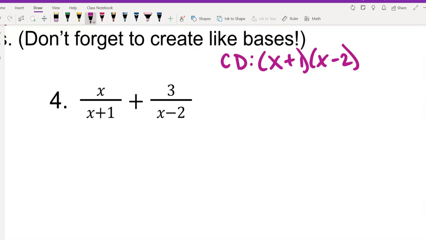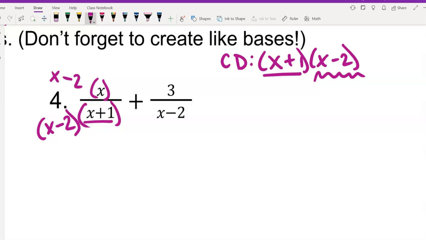There's our common denominator. So here we have x plus 1. What do we need? We need an x minus 2. Whatever you multiply the bottom by, you have to multiply the top by that as well.